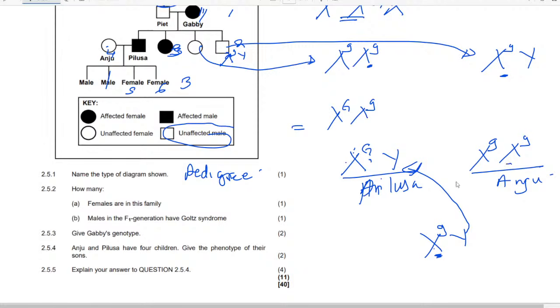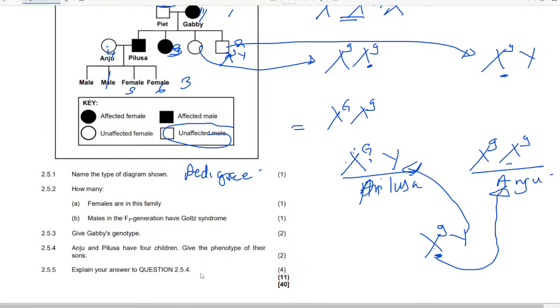Males inherit the Y chromosome from Pelusa. These sons inherit the Y chromosome from Pelusa, and they inherit the X with the recessive allele from Anju, so they are unaffected.